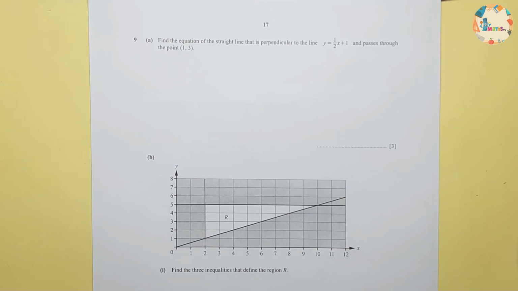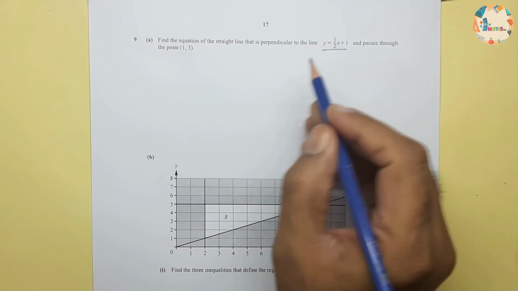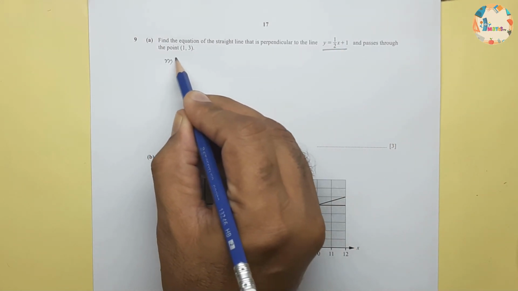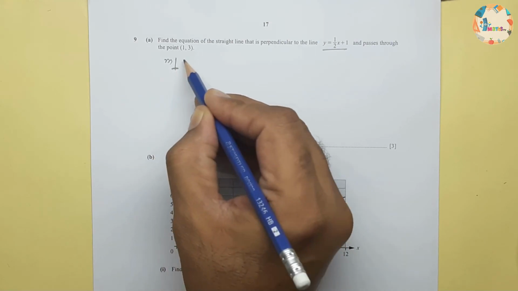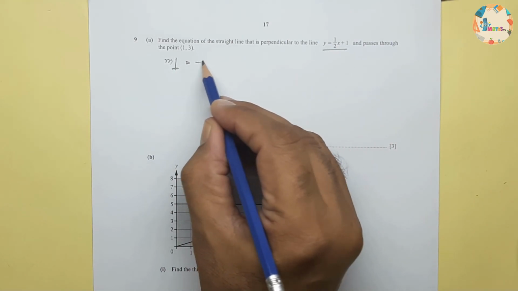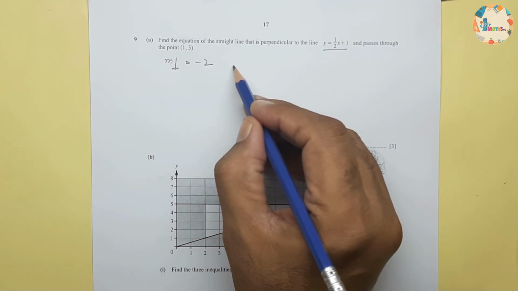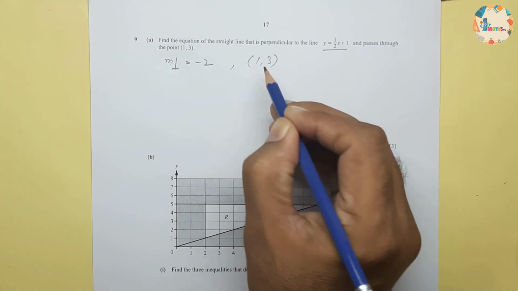Next comes question number 9. Find the equation of the straight line that is perpendicular to the line, this one. So perpendicular to line, the gradient of the line perpendicular to this one will be equal to the reciprocal and change sign, so minus 2, and the point is this one, so we can use this point 1 and 3.